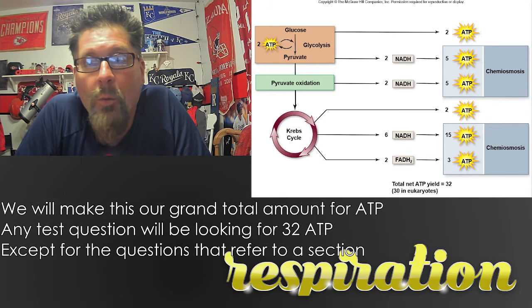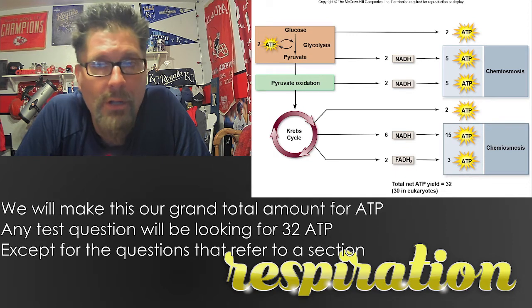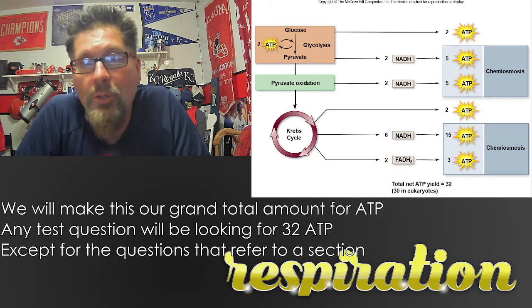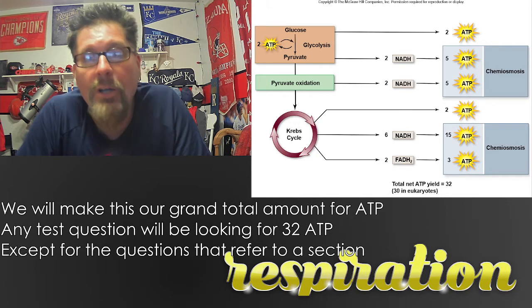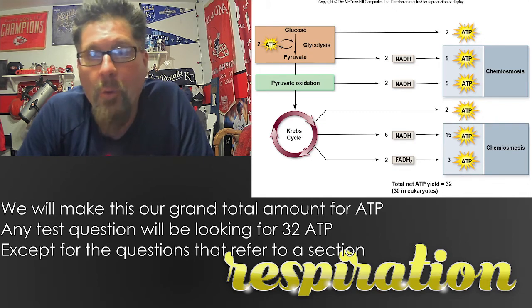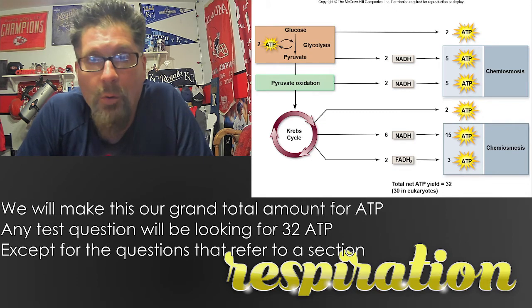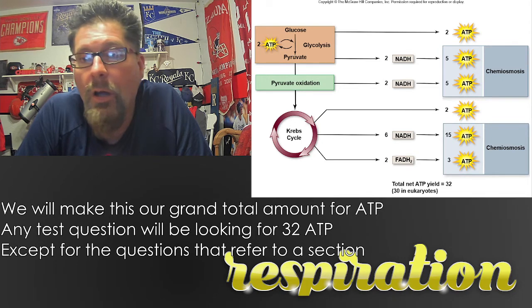Since we just identified the fact that from book to book and website to website the number could be a little different, we will set the number as 32 for our grand net total of ATP. So if there's any test question asking for that net total, 32 is the number that we'll just agree on and look for in a test.